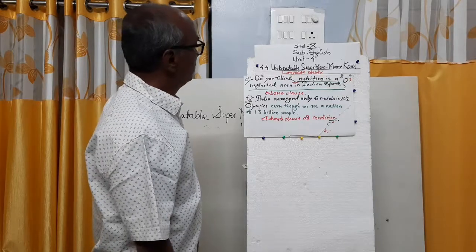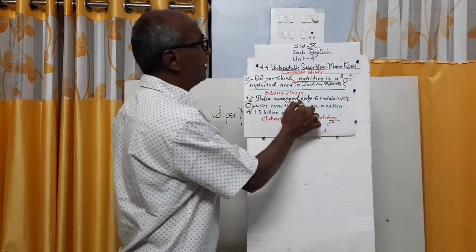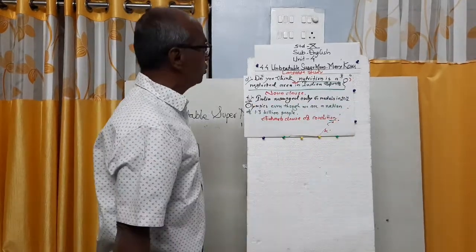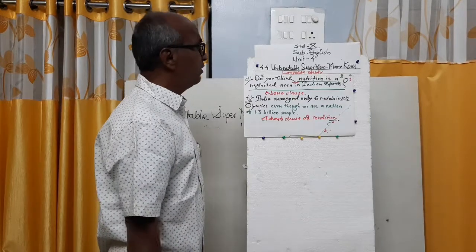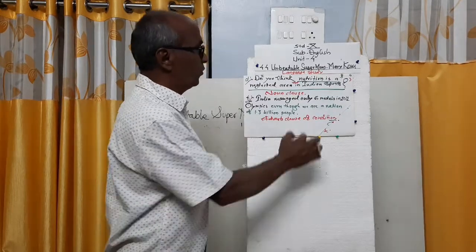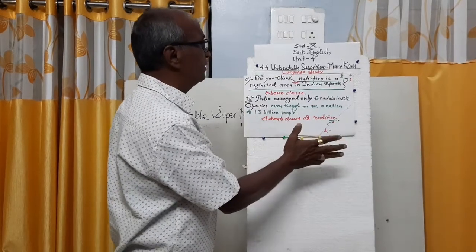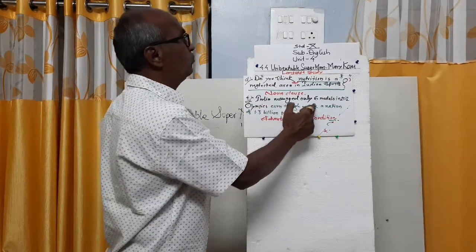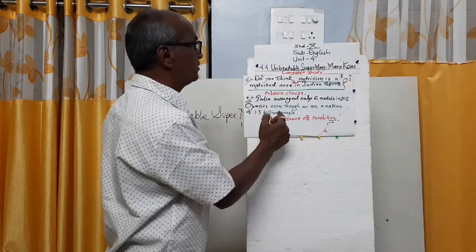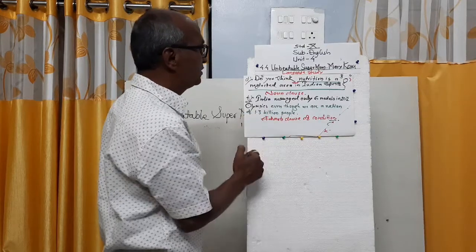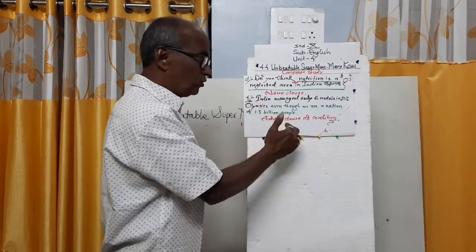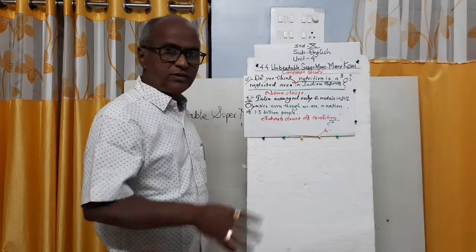Now, F: India managed only 6 medals in 2012 Olympics, even though we are a nation of 1.3 billion people. Even though we are a nation of 1.3 billion people is an adverb clause of condition.